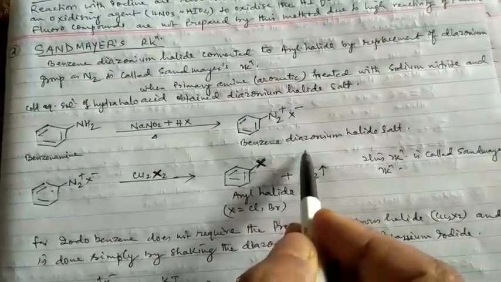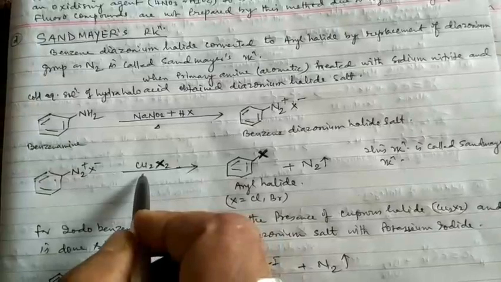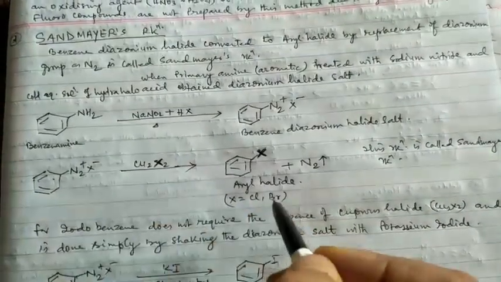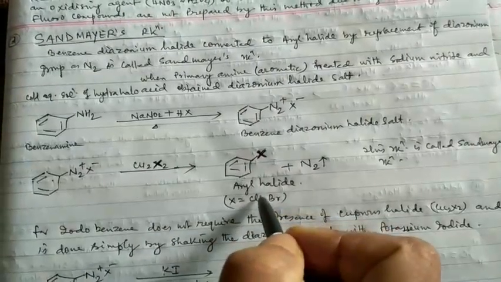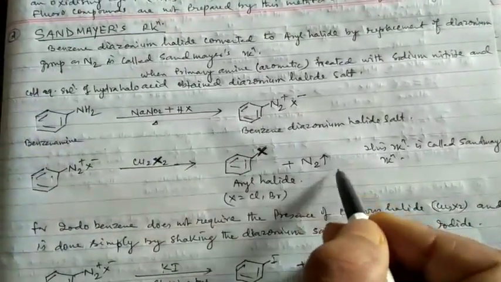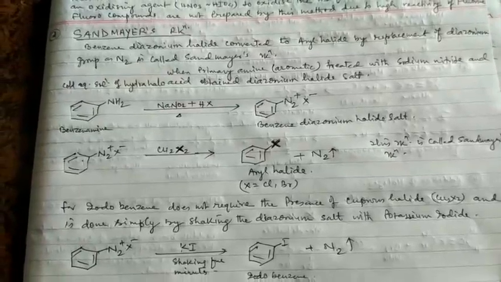The benzene diazonium halide salt is heated in the presence of cuprous halide to give the aryl halide by removal of the diazonium group, N2. This reaction is called the Sandmeyer reaction.